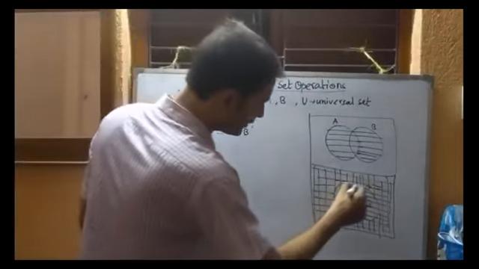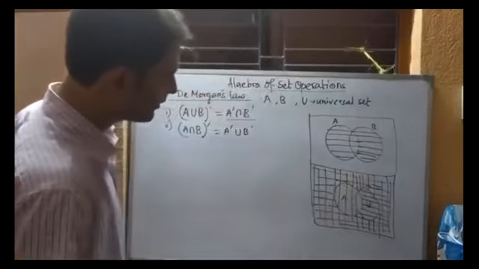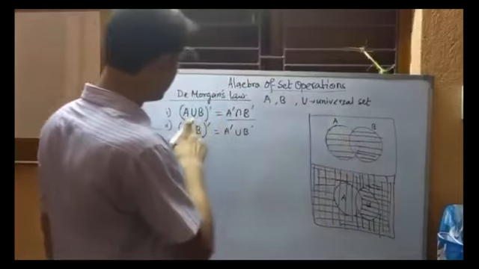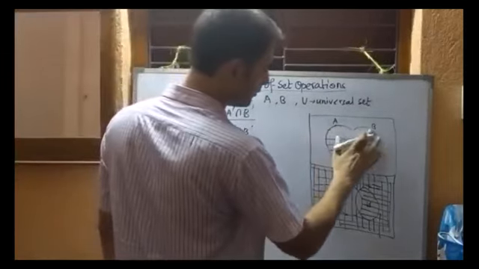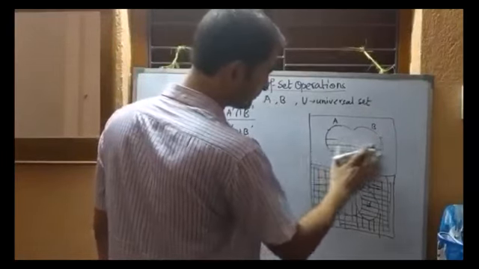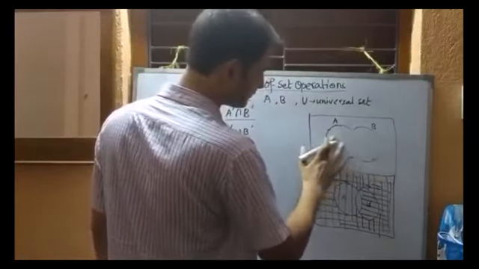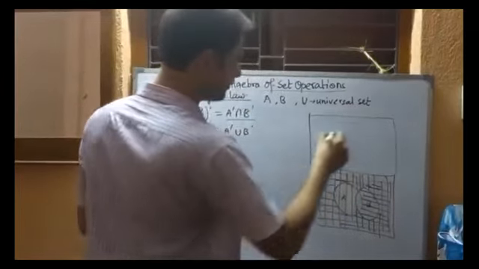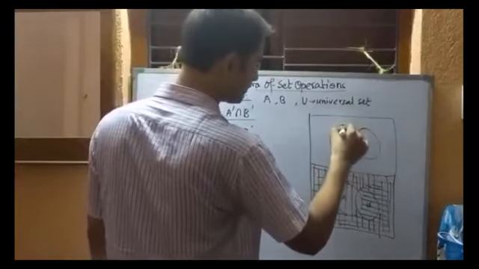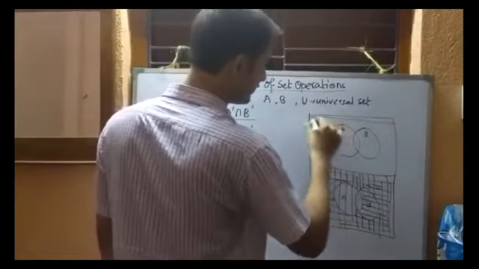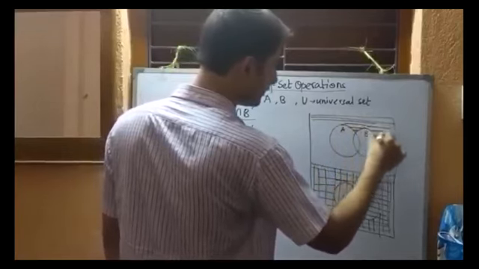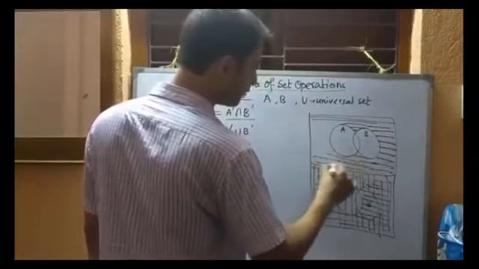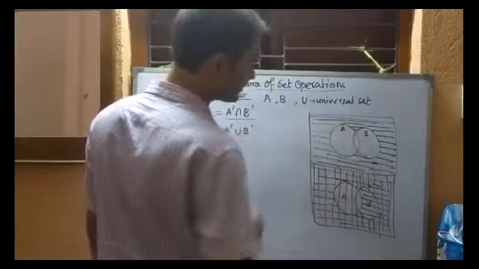Now see which region is the doubly shaded region. If we shade the region for A complement intersection B complement, it will be this in the picture. So we draw it again. This is A, this is B, and A union B is the inside part of the two circles. So its complement will be outside the two circles.